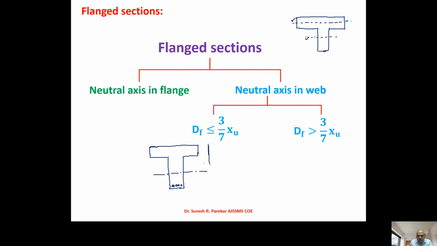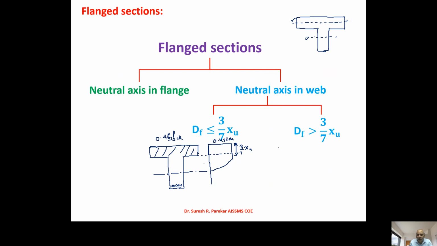Now if we plot it, we have it in this fashion. You can see we have this flange, and this is our 3/7 of XU. As 3/7 of XU is greater than df, your whole flange will have the stress 0.45 FCK, which we have over here.